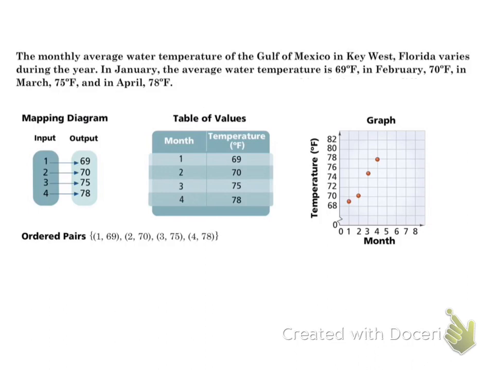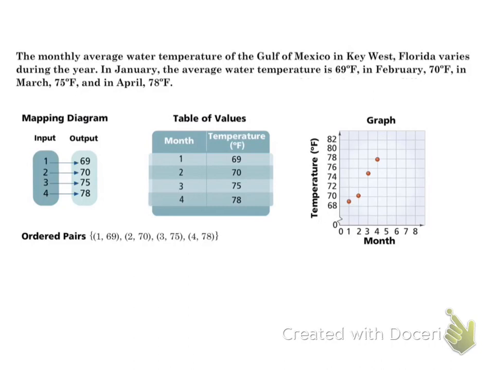Here's an example of the four different ways this information was represented. So in the Gulf of Mexico and Key West, Florida, the water temperature varies. In January, which is represented with the number 1, the water temperature was 69. In February, it was 70. In March, 75.